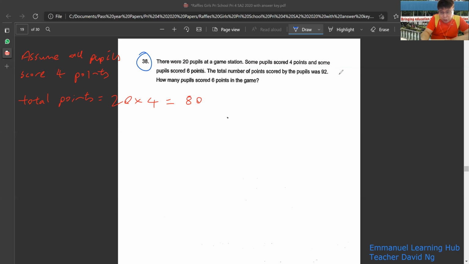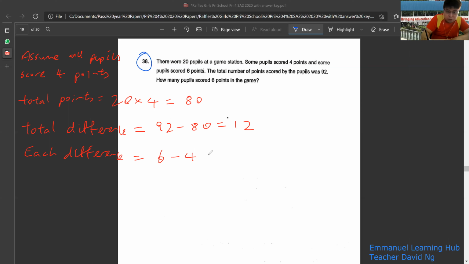But the total point is 92. So there's a difference, right? So the total difference will be 92 minus 80 equal to 12. How about each difference? Each difference would be 6 minus 4 equal to 2.